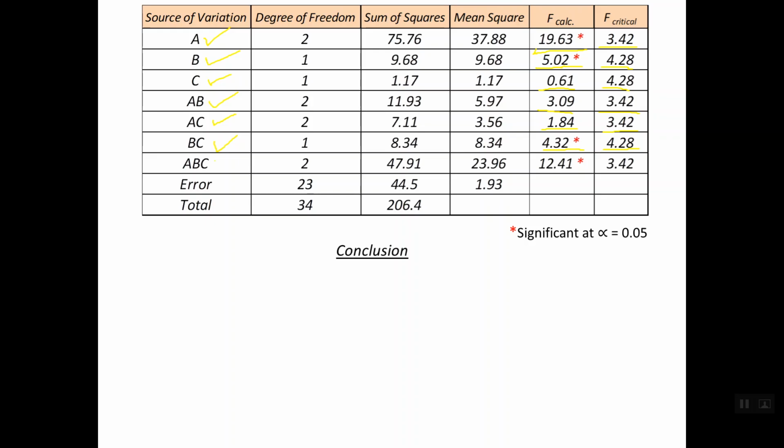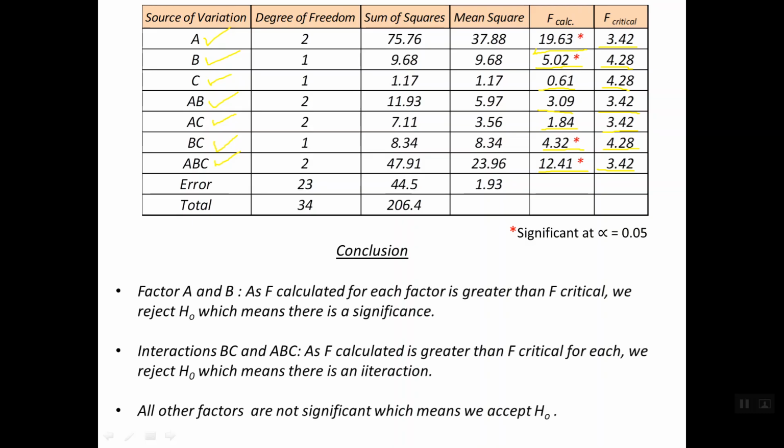And finally, for the interaction between the three factors, A and B and C, the value of the calculated F is significantly greater than the critical one. So for ABC, we reject the null hypothesis and accept the alternative one, which means that there is an interaction between the three factors A and B and C. So these are all the conclusions for our question.